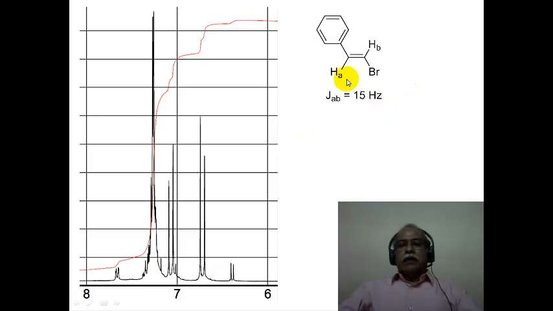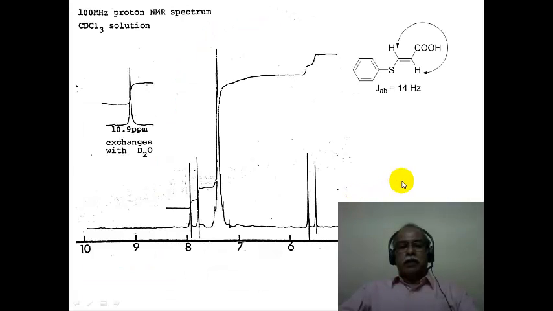Now let us consider the trans derivative of bromostyrene, omega-bromostyrene. Here also you see a doublet and a doublet corresponding to an AB type of quartet. With respect to the center of the AB quartet, it is symmetrical on either side of the spectrum, and hence this is an AB quartet which can be analyzed as shown on the transparency earlier.